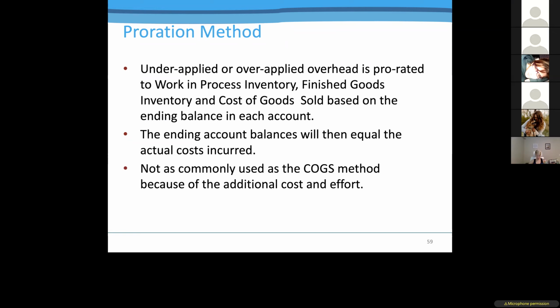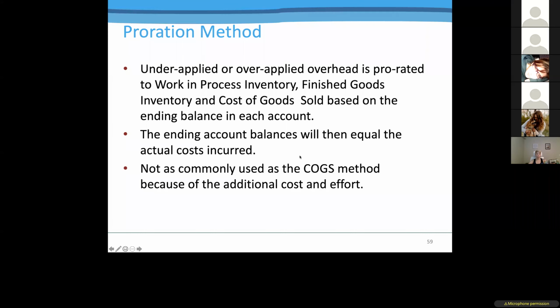Those completed are transferred to finished goods. Those items sold go to cost of goods sold. So 3 accounts are relevant to the applied manufacturing overhead. Therefore, the difference will be proportionally allocated to the 3 accounts based on the ending balance of those accounts.